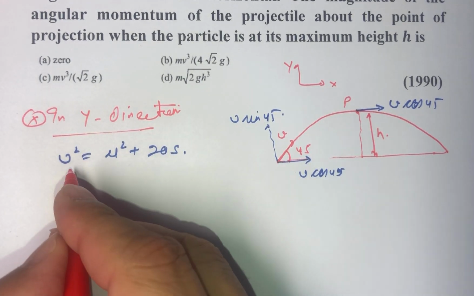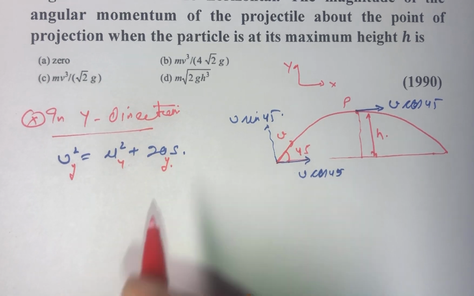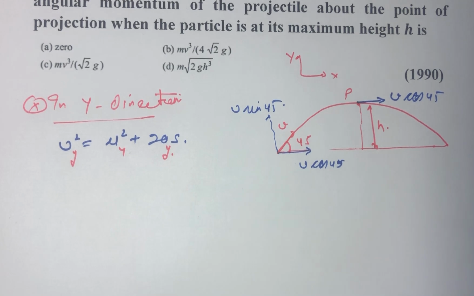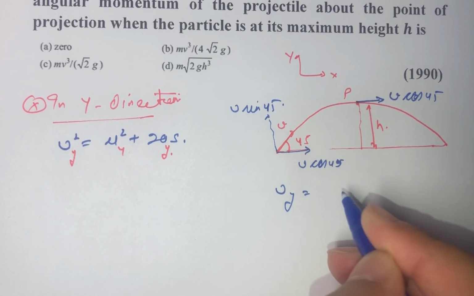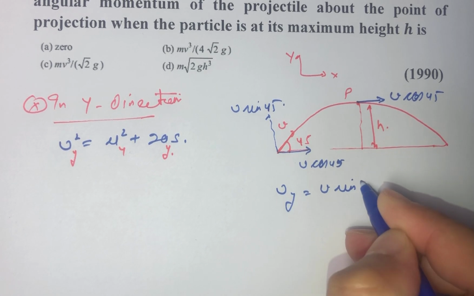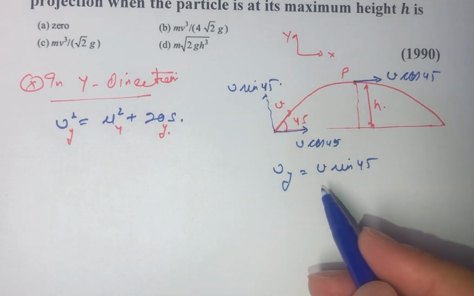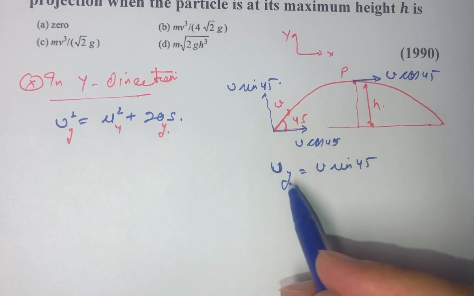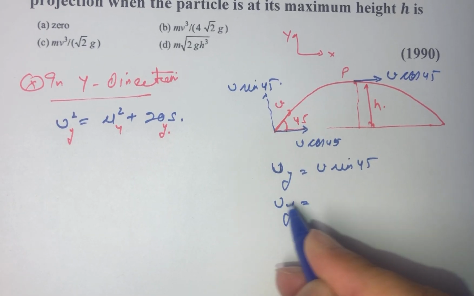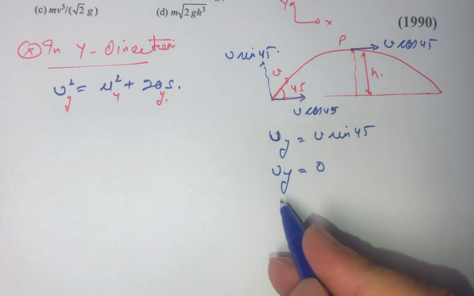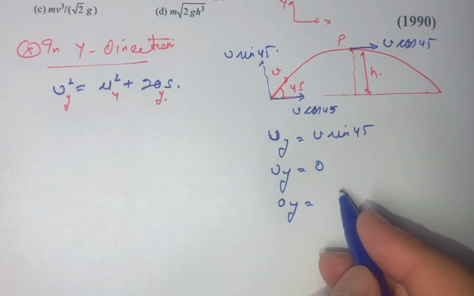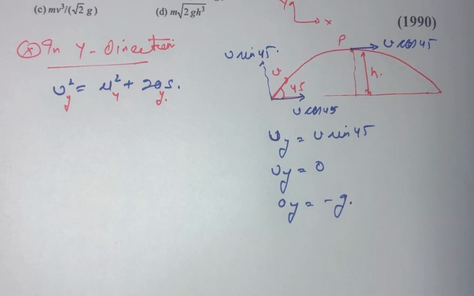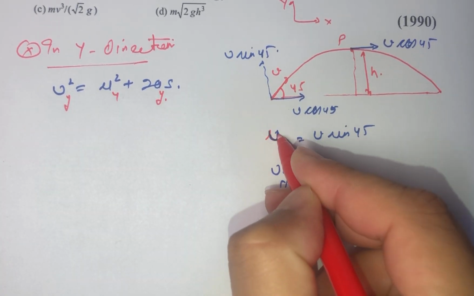So it is in y direction, and we can say u of y, initial velocity, will be equal to v sin of 45, and final velocity in y direction is 0, and we can say acceleration in y direction will be given as minus g.